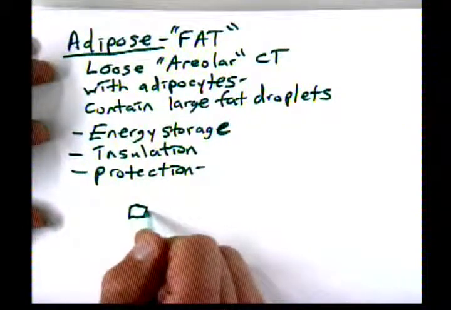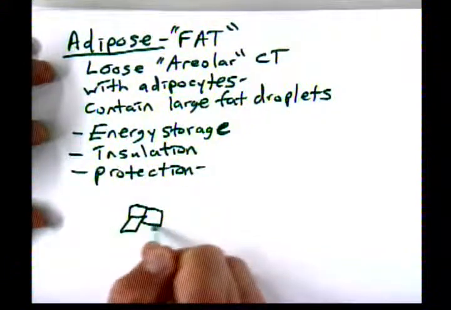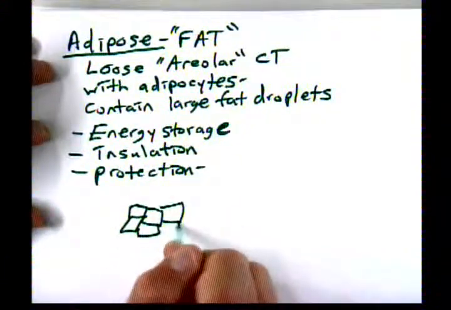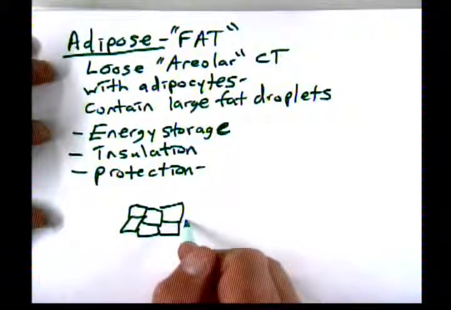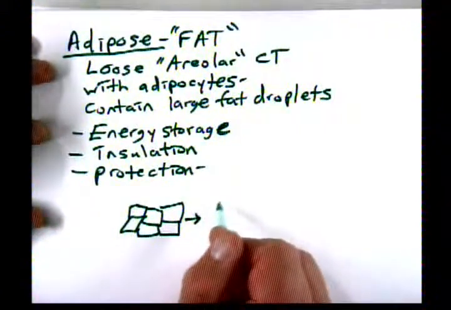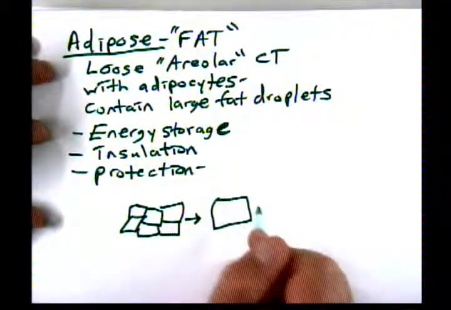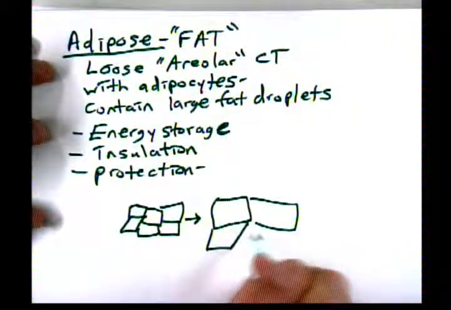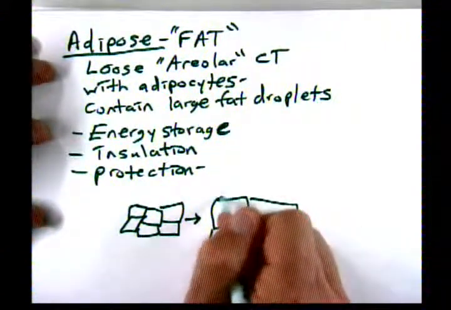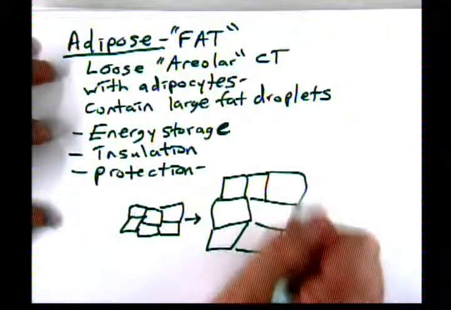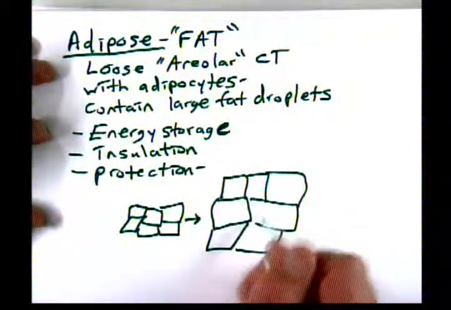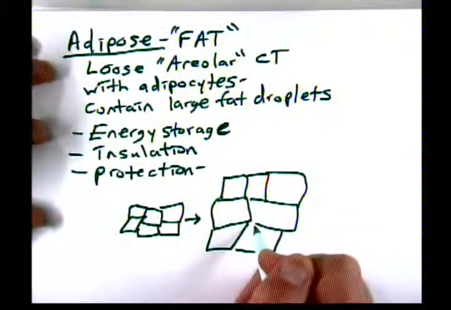Now, what happens with this is this. Okay, you have these fat cells like this, and think of the white inside the green here as fat. If I overeat too many calories and so forth, what happens? Those fat cells will enlarge, but they will also divide. Remember, connective tissue is capable of division, and so I can get more cells and they get bigger when I get fatter.